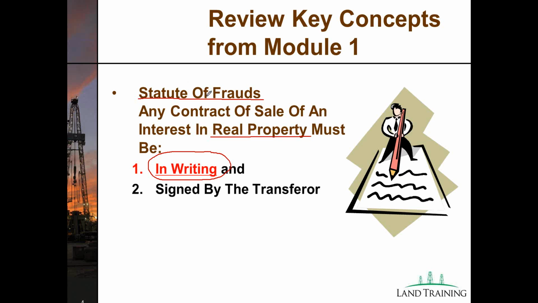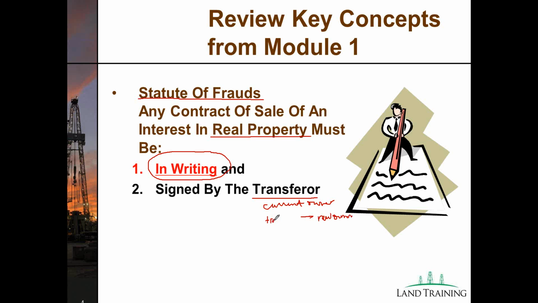Under the Statute of Frauds, which is still in effect today, if we're dealing with real property, it's got to be in writing, okay? And it's got to be signed by the transferor. That is, the current owner has to sign it to the new owner, conveying the property to the new owner. Now, we can also have the new owner's signature on it. That's no problem.